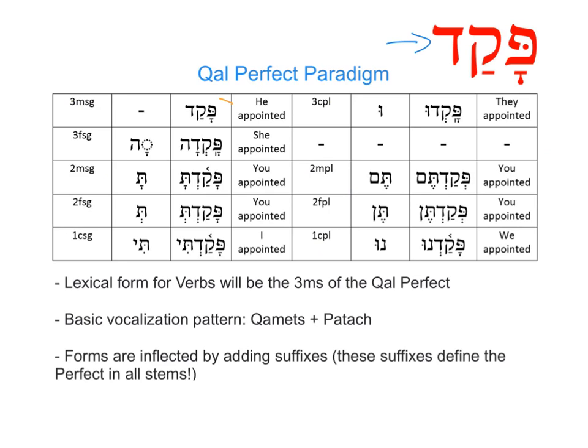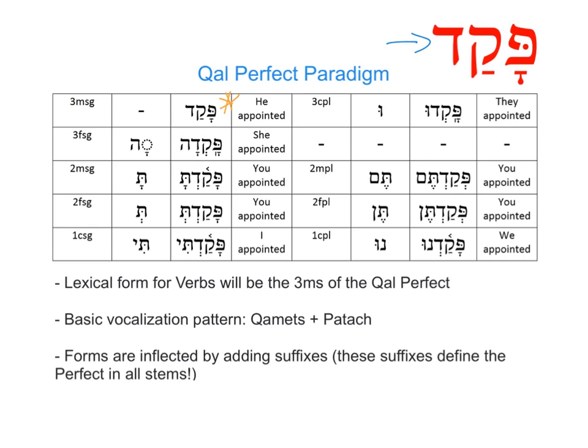So this one here is an important one to know. When we have verbs in our vocabulary list, we're going to be memorizing those verbs in their 3MS Qal form. And that's simply because all of the other verbs in this chart and through the entire Hebrew verb system are built or relate back to this. This is the most simple form. So the lexical form will always be 3MS, third masculine singular, and it will always be in the Qal Perfect.